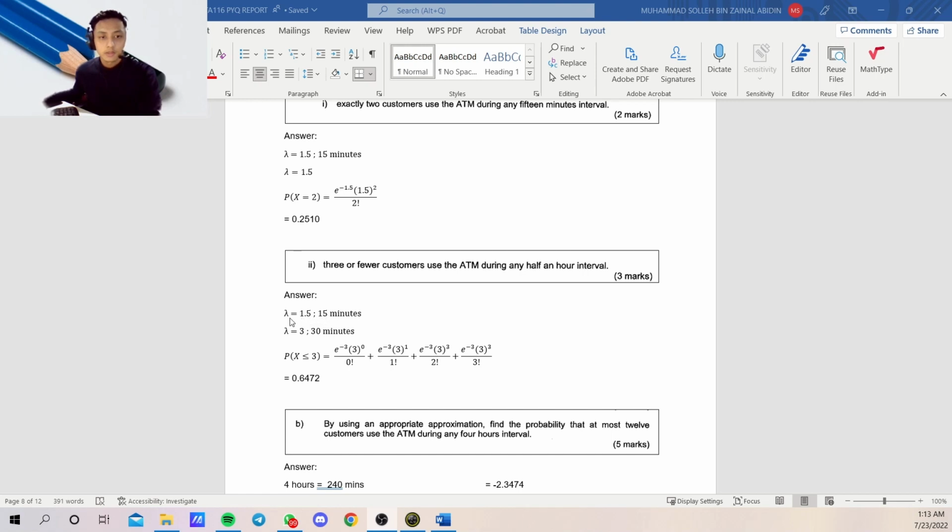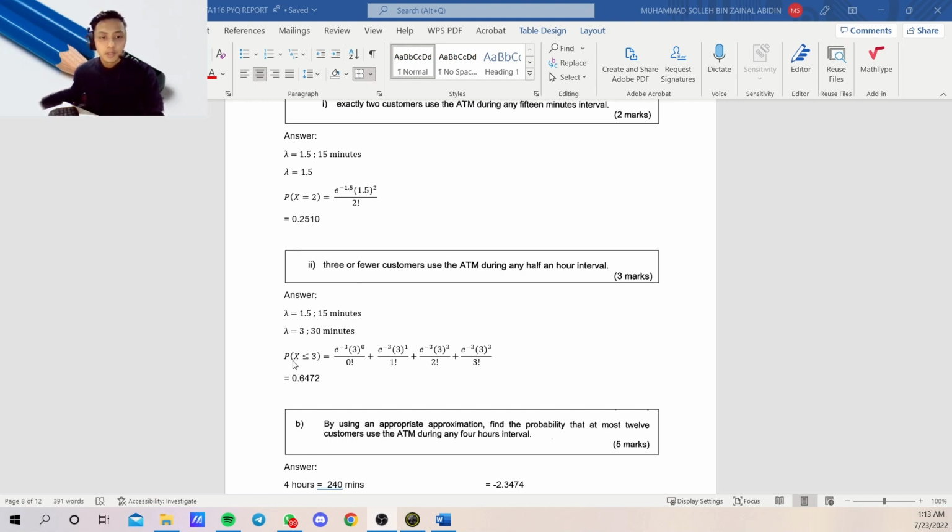So that means for 30 minutes, it will be 3 customers walked up to the ATM. So it says it was 3 or fewer customers walked into the ATM. So it means we have to use this kind of symbol, and we also have the equal below it because it wants 3, not just fewer, but also the 3.